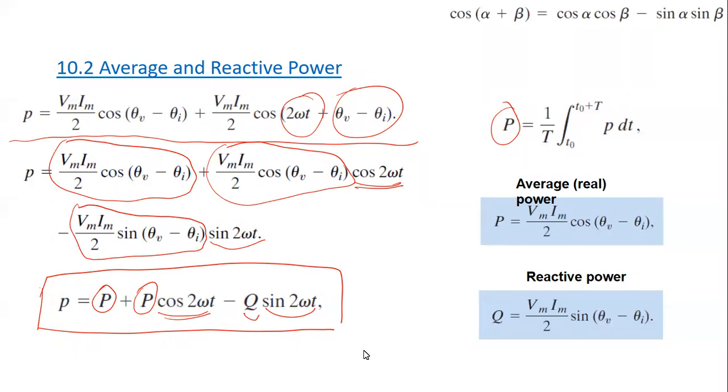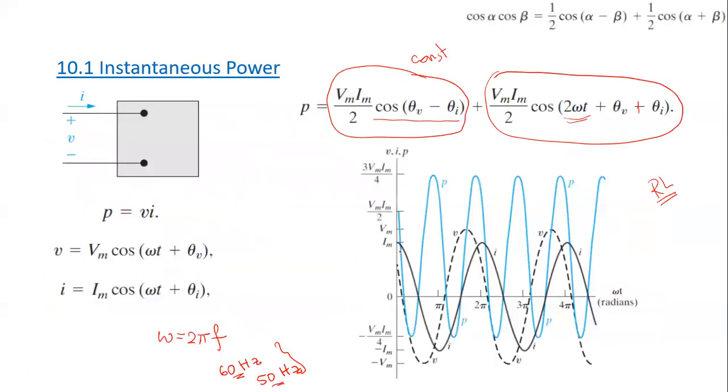And the result of this product, we have it here. If you take the average, or the integral, for any period of this instantaneous power and divide this integral over the period, T here is the period. So if I go back, T is the time to finish one period, from this to this.